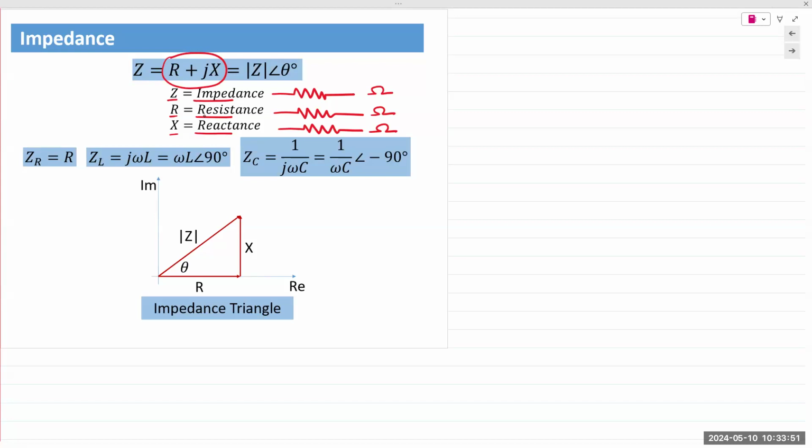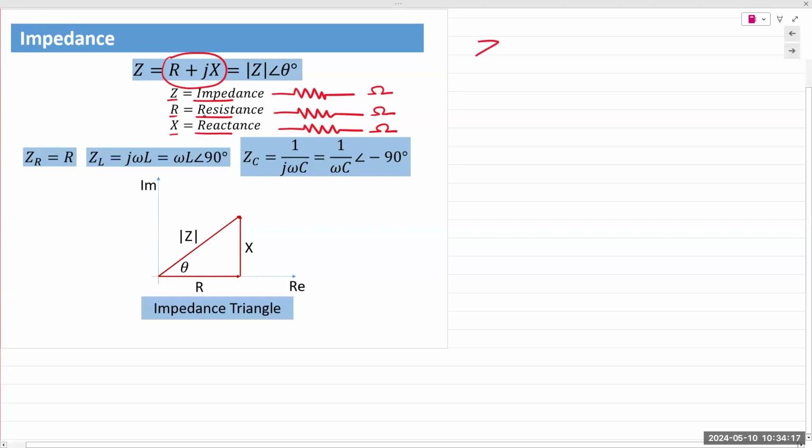Now, remember what I said about, I think that goes back to some question that somebody asked earlier, right? Reactance is only for inductor and capacitor? Yes, because it has to do with the stored energy. So if there is no stored energy, there is no reactance, meaning a resistor does not have any reactance.